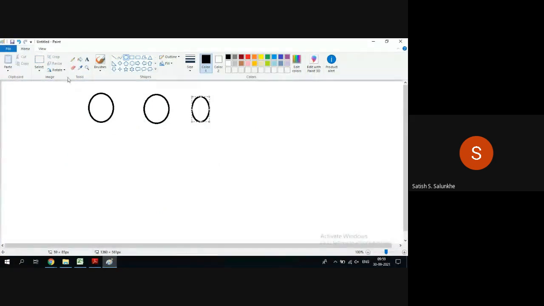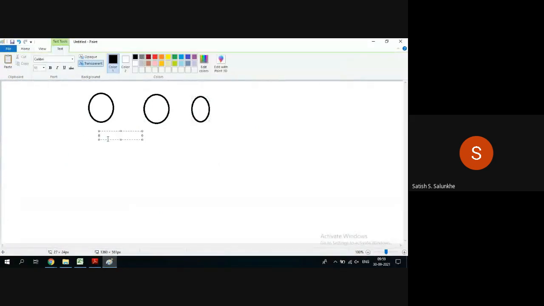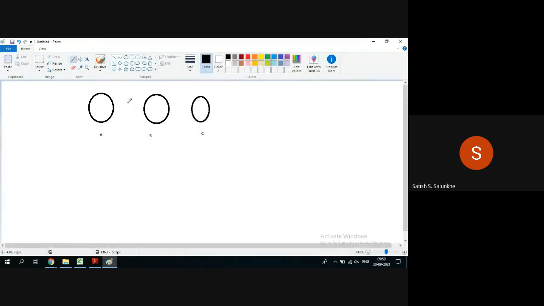Suppose these are sets A, B, C, D. Let us say there is a function f, and there is a function g. There is one more set, D, and there is one more function from C to D, that is h, because we need to check whether the composition property is associative or not for functions.